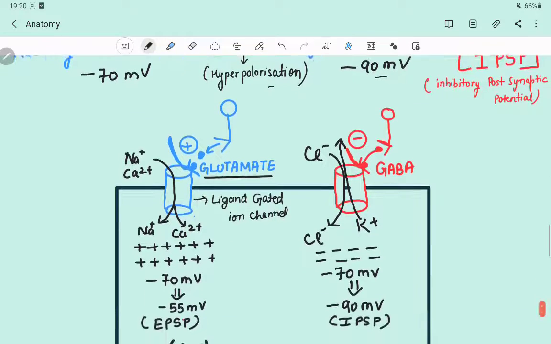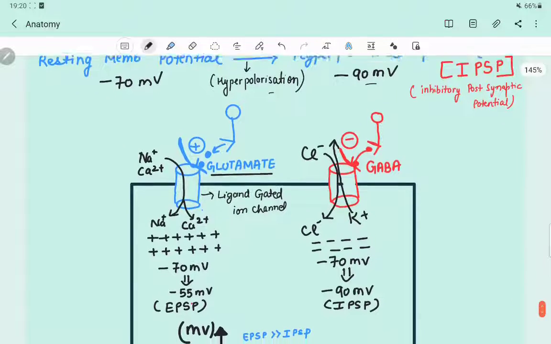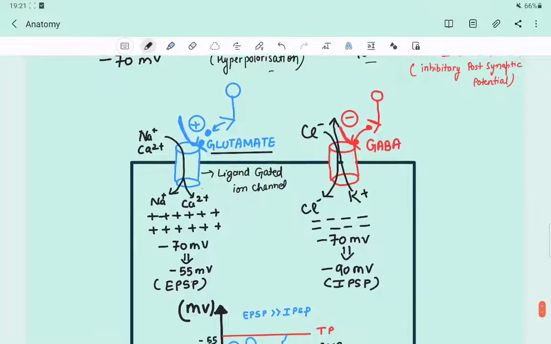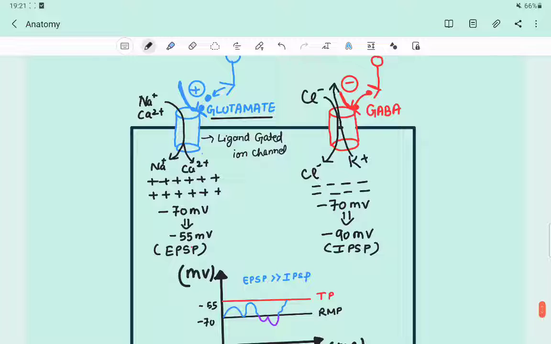All right. So now let us see the mechanism behind the excitatory postsynaptic potential and inhibitory postsynaptic potential, EPSPs and IPSPs. These are the ligand-gated ion channels located on the membrane of the neurons. First of all, they are stimulated by an excitatory neurotransmitter, for example glutamate. There are a lot of other excitatory neurotransmitters as well.